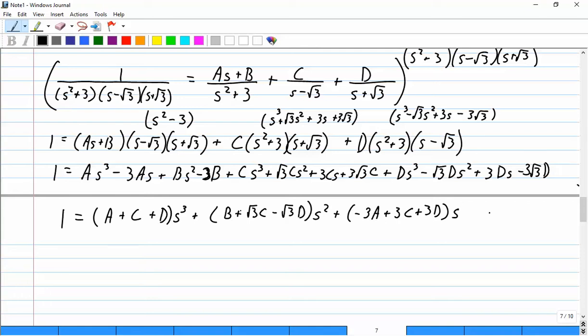And now the constant terms, minus 3B plus 3 square root of 3 C minus 3 square root of 3 D.